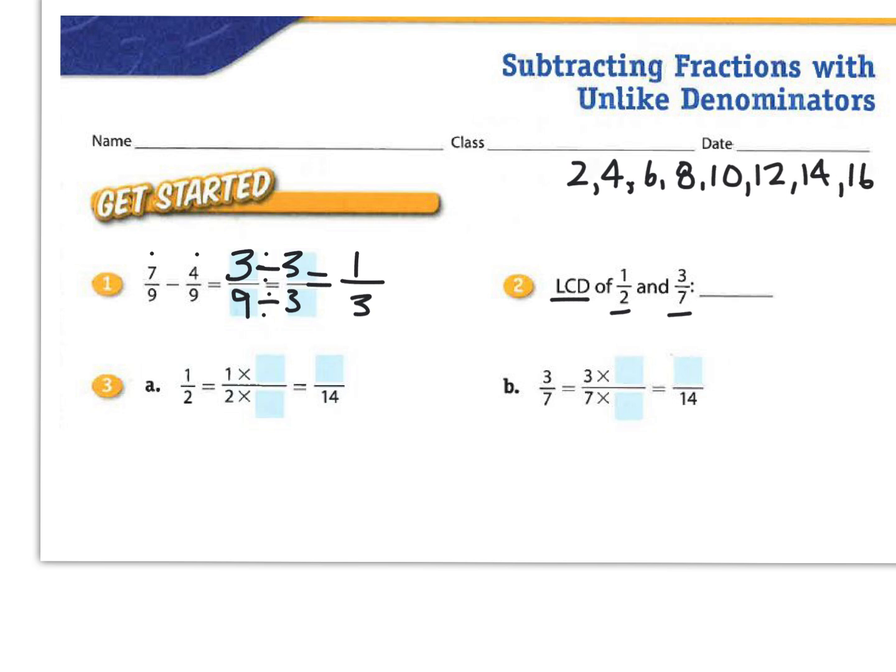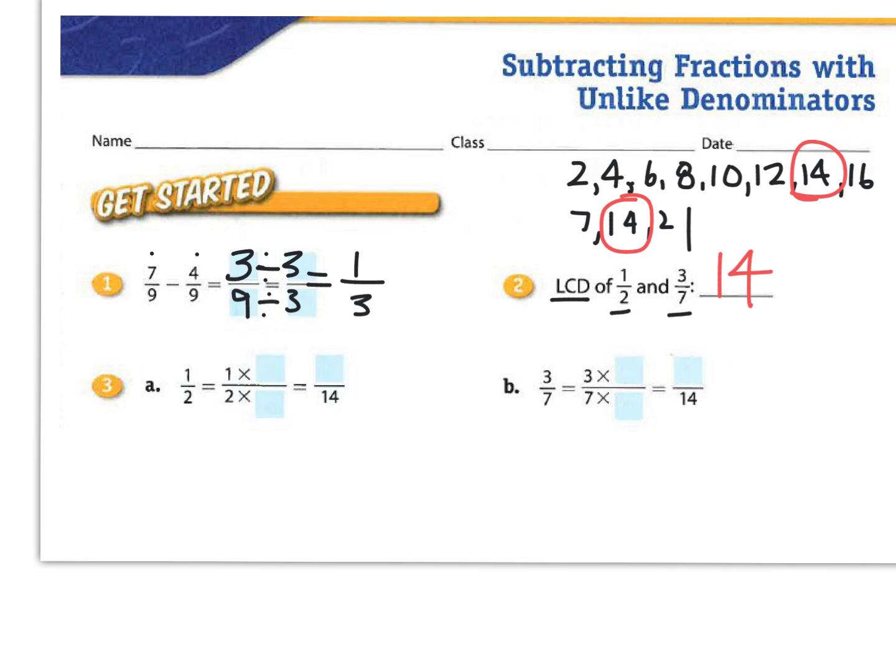And then I'm going to do 7s: 7, 14, 21. The lowest one that they have in common is 14, because that's the first time that they have a number in their multiples that are the same. So 14 would be the lowest common denominator.